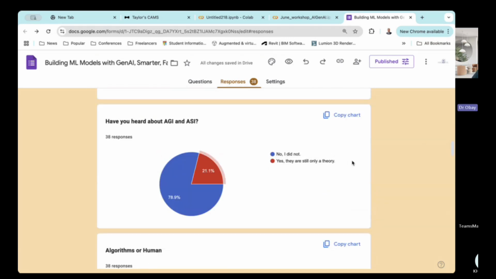Have you heard about AGI and ASI? Majority, no. And they are still a theory? Yes, exactly. AGI stands for Artificial General Intelligence, and ASI is Artificial Super Intelligence. They are still a theory.